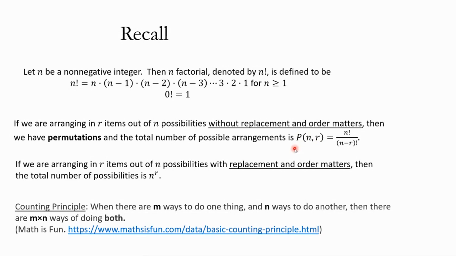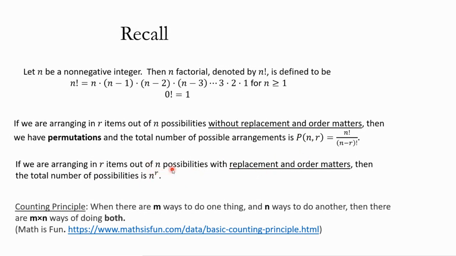Also, if we're arranging r out of n items, but order matters and we allow repetition, with replacement, then the total number of possibilities is n to the r.